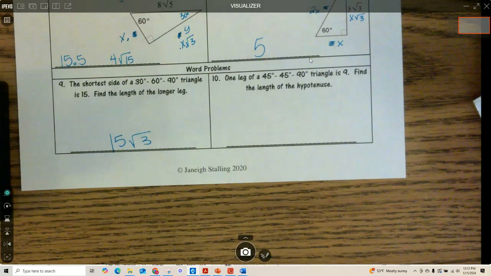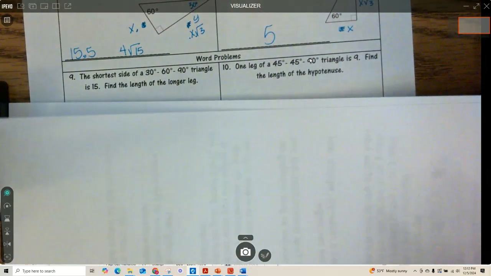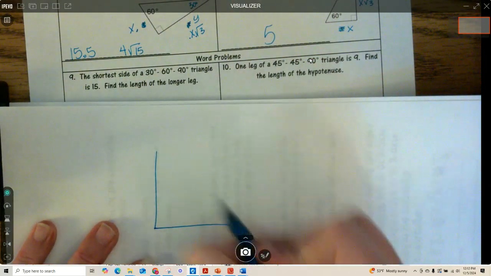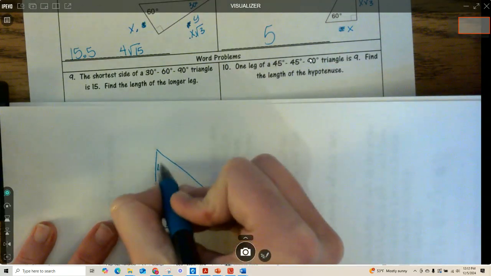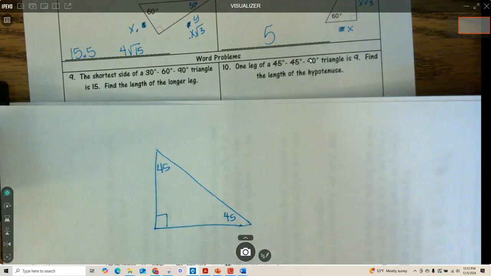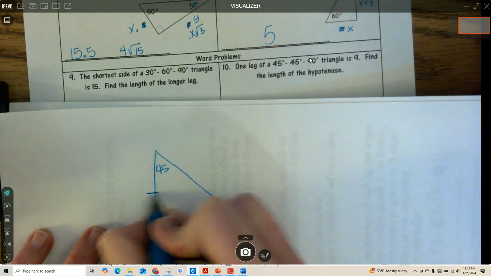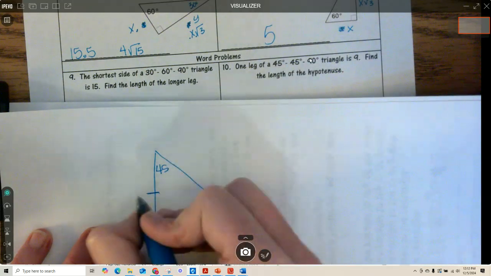All right. Now we got a 45, 45, 90. So here's the 90. Here's a 45. Here's a 45. What do we know about the two legs of this one? They're going to be the same. This leg is going to be the same as this one. And it says one leg of the triangle is 9.